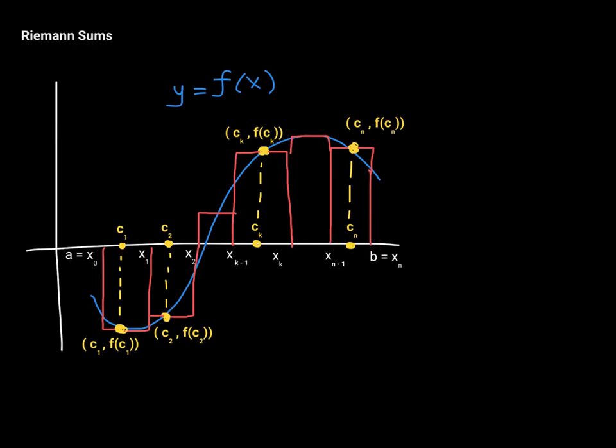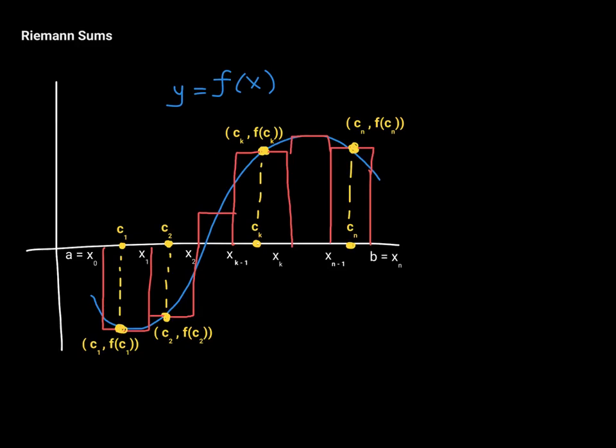From each of these subintervals, we are choosing a c sub k value. So this is c sub 1 from the first subinterval, and this is c sub 2 from the second subinterval, and so forth. And at each one of these c sub k values, we're evaluating our function to determine the height of our rectangle.